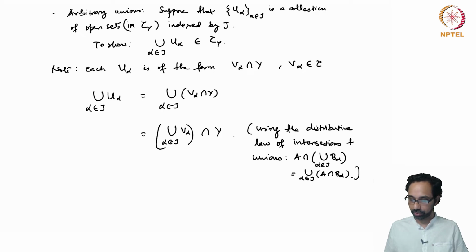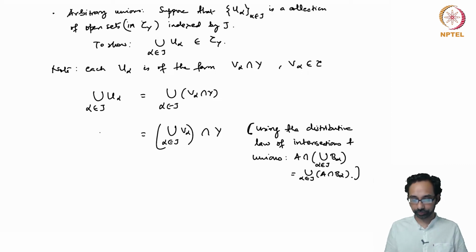Okay, so this is one of the distributive laws. You can also have the distributive law of union over the intersection, where you interchange the roles of intersection and union, and you have a similar law.